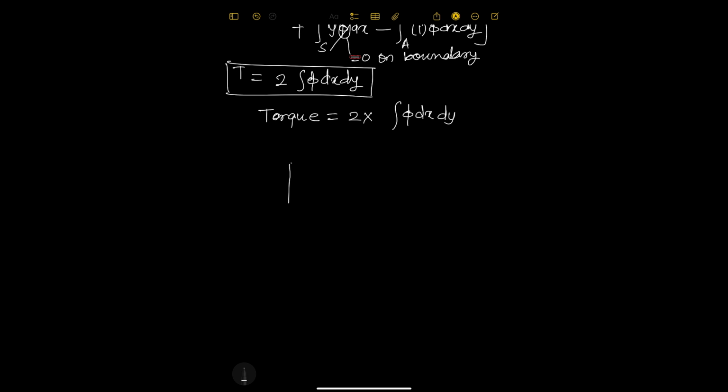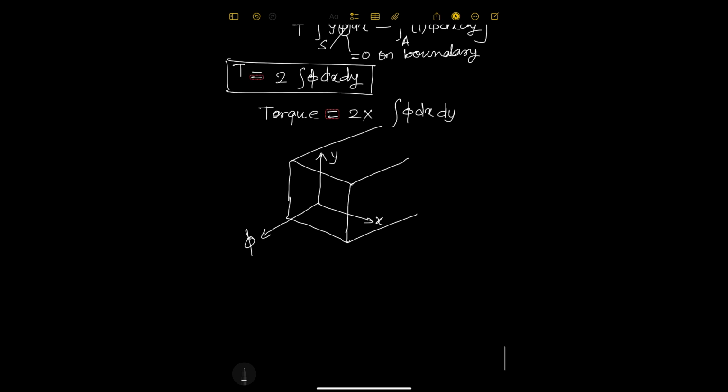Now consider this rectangle. This is the cross section. This is x, this is y, and if phi is a function like this, then the surface phi can be drawn as shown.